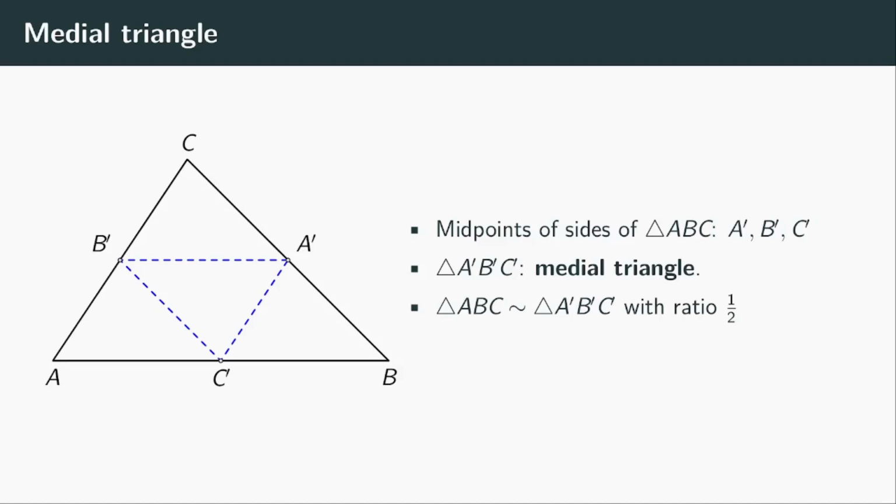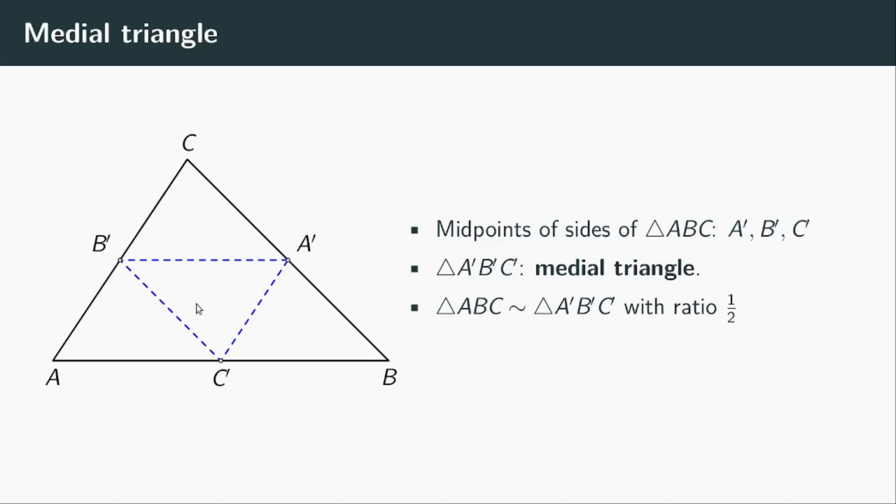It's an important fact, which we talked about a little on our Zoom meeting last week, that the four triangles you get: notably the one I have here in blue dashed lines, but also the three outside, A B prime C prime, A prime B prime C, A prime B C prime, as well as A prime B prime C prime.